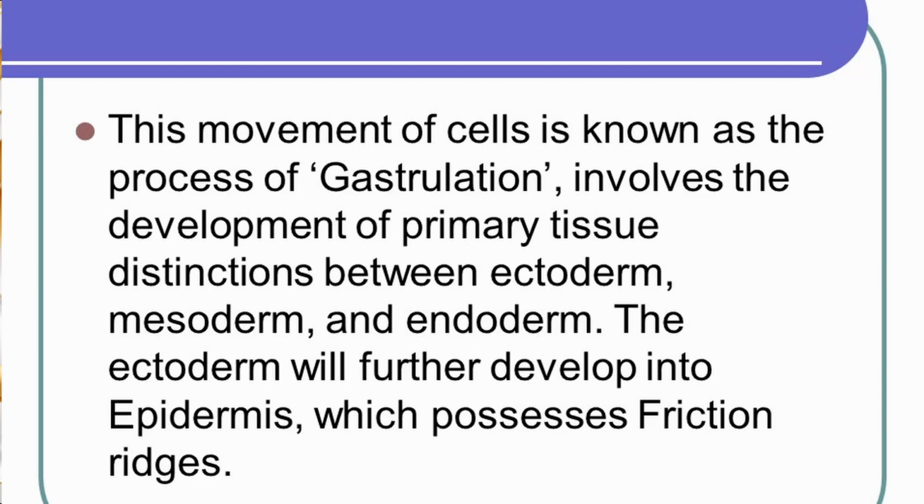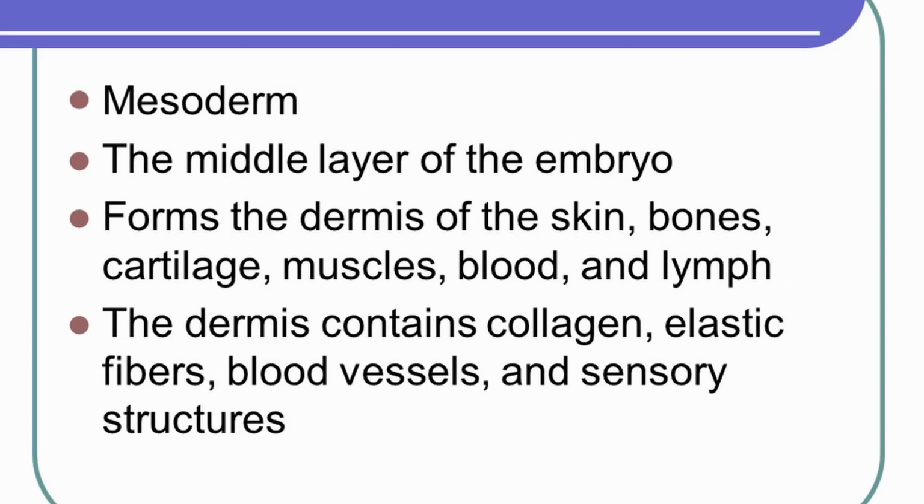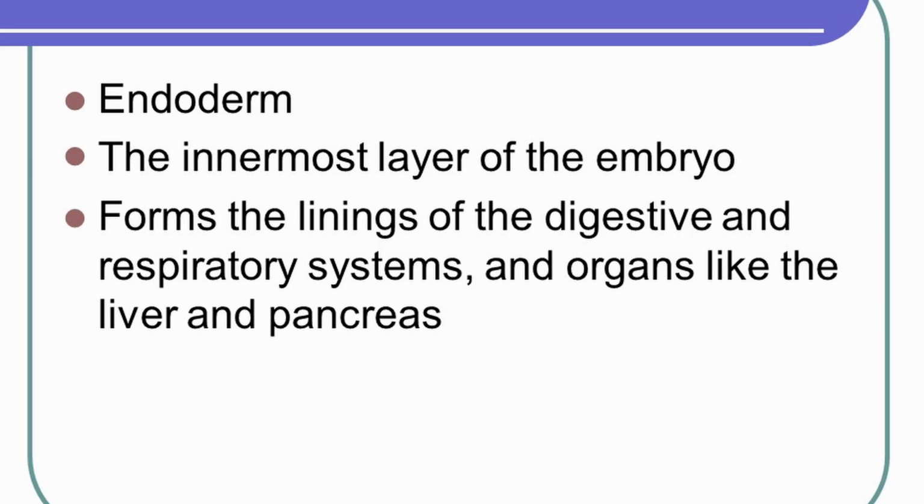The upper layer, the epidermis, possesses the friction ridges. The ectoderm, the outer layer of the embryo, forms the skin, hair, nails and nervous system. The mesoderm, the middle layer, forms the dermis of the skin, and also bone, cartilage, muscle, blood vessels and sensory structures. The endoderm, the innermost layer, forms the lining of the digestive and respiratory systems, and organs like the liver and pancreas.